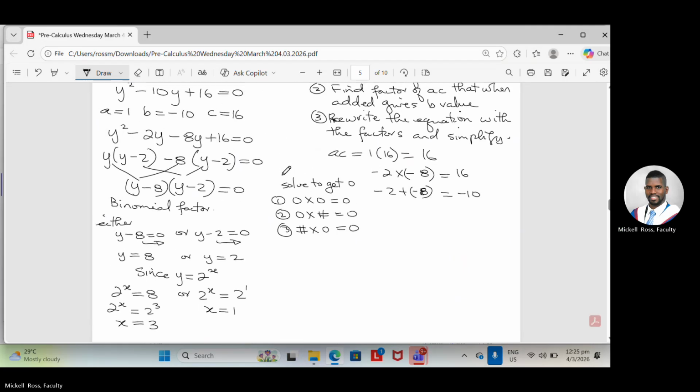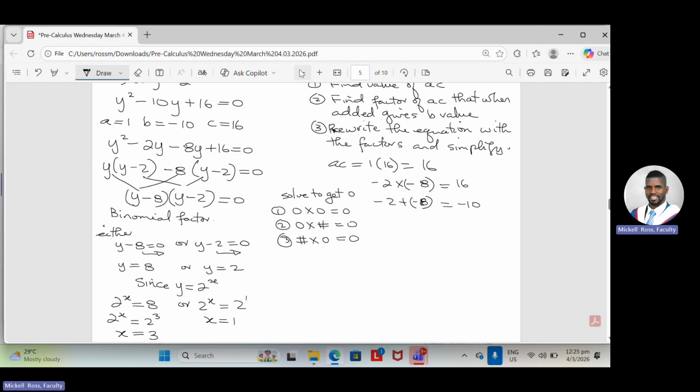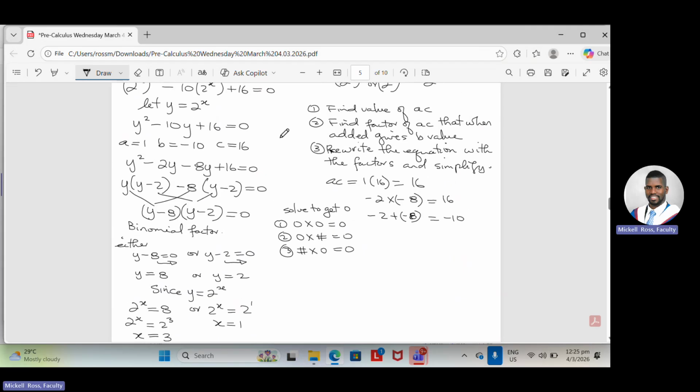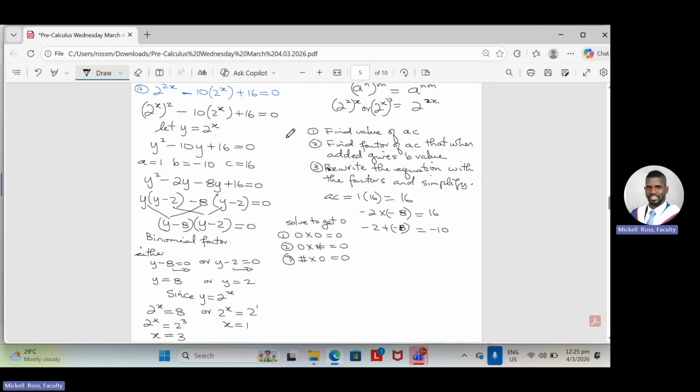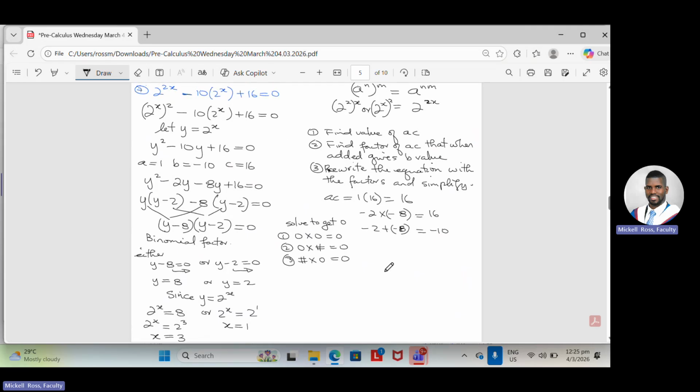So, trying to zoom out so we can see the entire question. All right, so this is what we would end up with. Now, mind you, all of what is over here is not necessary for solving the question, but it's necessary for explanation purposes.